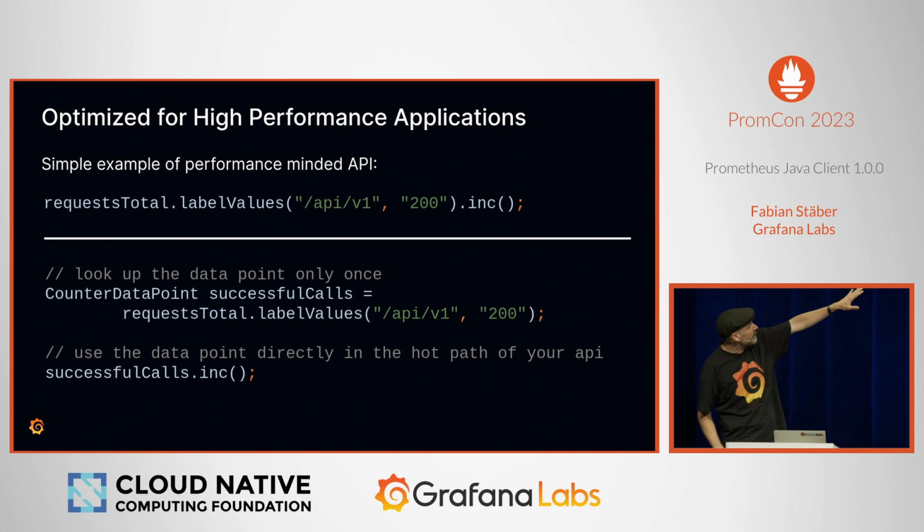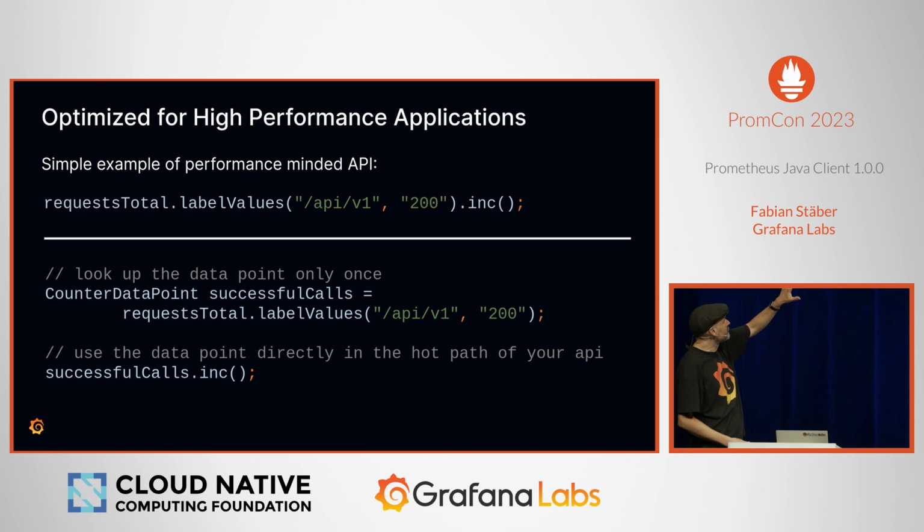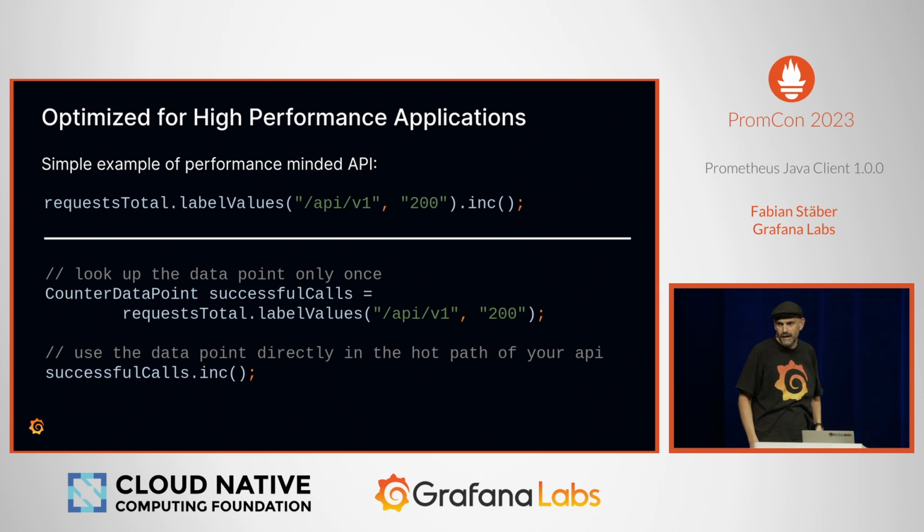You can look up the label values only once, and then store the resulting data pointer somewhere. And then in the hot path of your web service, where you want to update the metrics as quickly as possible, you just use that directly to increment the counter. And this actually gives you more than a 100% performance increase in the number of operations that you can do. And there are some more of these simple little things that just make it well suited for high-performance applications.